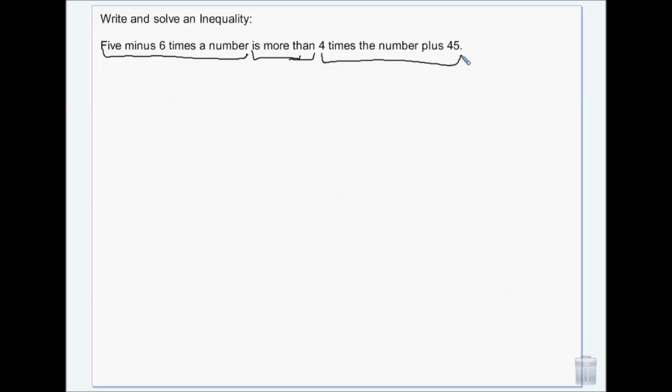Okay, "more than" and "greater than" are the same. 5 minus 6 times a number, n. Four times the number, it's going to be the same number, so 4 times the number plus 45. So this is essentially our inequality, so I'm going to rewrite that.